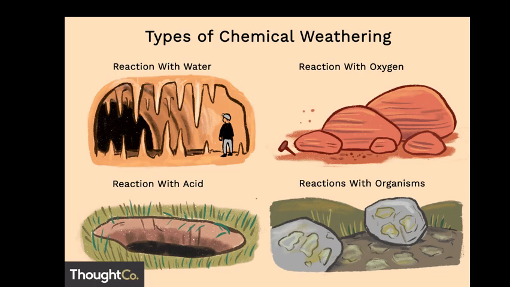So they combine with rainwater, they become an acidic solution. Then reactions with organisms, we are not going to study about it because it is not in our course. But for example, when there are certain plants, their roots give out certain secretions. So these roots bring about some biochemical weathering. Alright, but we are not concerned about that.